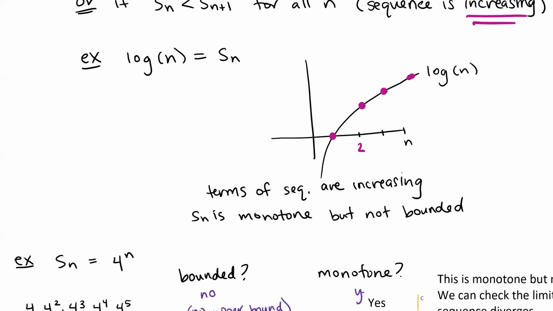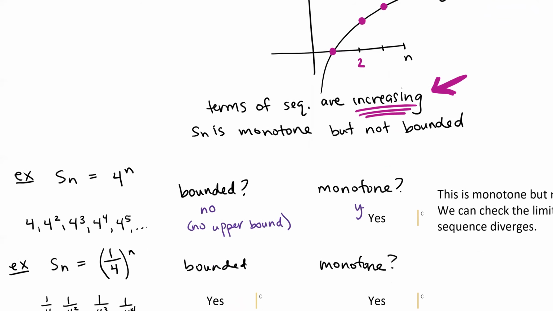So the terms of this sequence are increasing, and they never decrease again. So since they're only increasing, then our sequence is monotone. Our theorem that we described earlier, we said that we need to have monotone and bounded. And this is an example of a sequence that is monotone because it's just increasing, but since this is not bounded, we cannot apply our theorem.